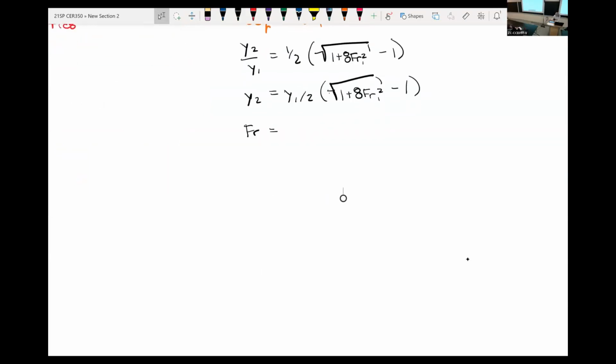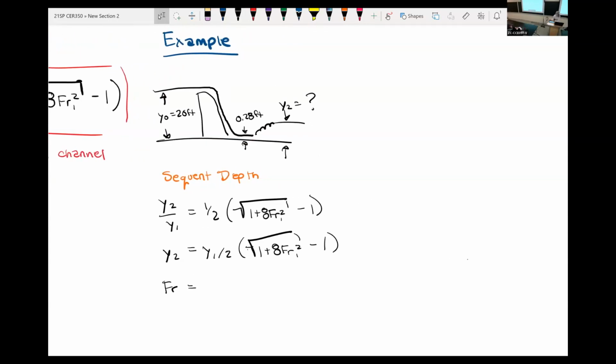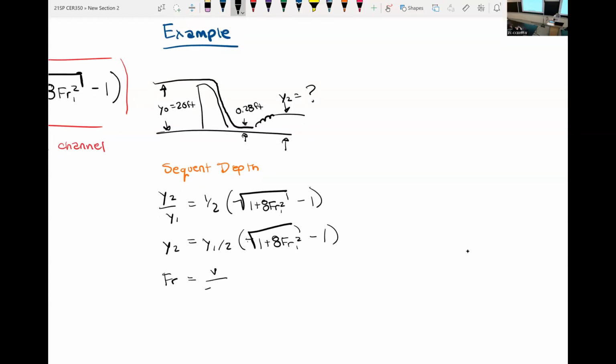The Froude number tells us whether we have subcritical or supercritical flow conditions. It's V over the square root of g times y. Good. That's our general form, or with a little rearranging, specifically for a rectangular channel, and I'll try to always put a little note here, rectangular channel only, it's little q over the square root of g y cubed.